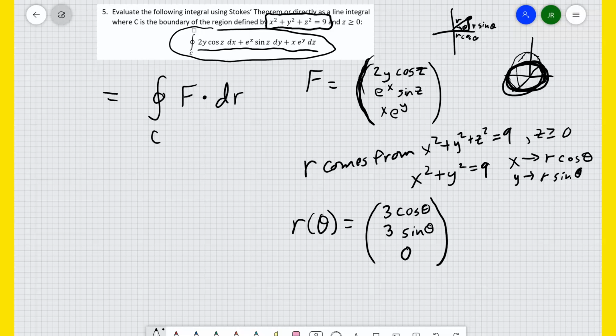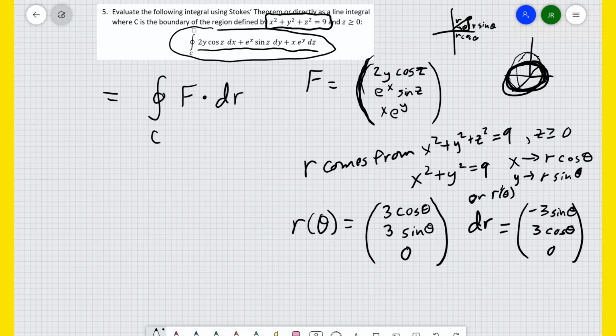Alright, but I need dr. Dr, or r prime of theta, in other words, is equal to the derivative of r of theta, which is going to be negative 3 sine theta, 3 cosine theta, and 0, which is just taking the derivative of each of these components.